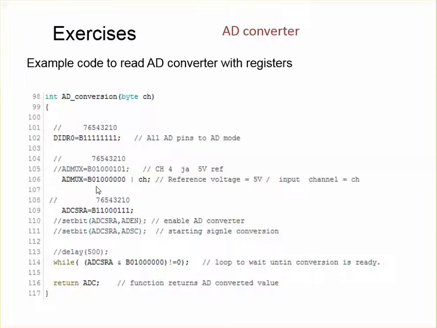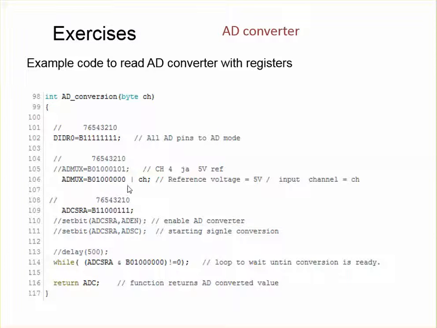If you look at the earlier slide and the data sheets, here is one bit set as 1. This defines the reference voltage as 5 volts, which is the usage voltage for the analog voltages in our application. And here is the OR function with this register and this variable ch. It means that basically this could be created also as a plus.